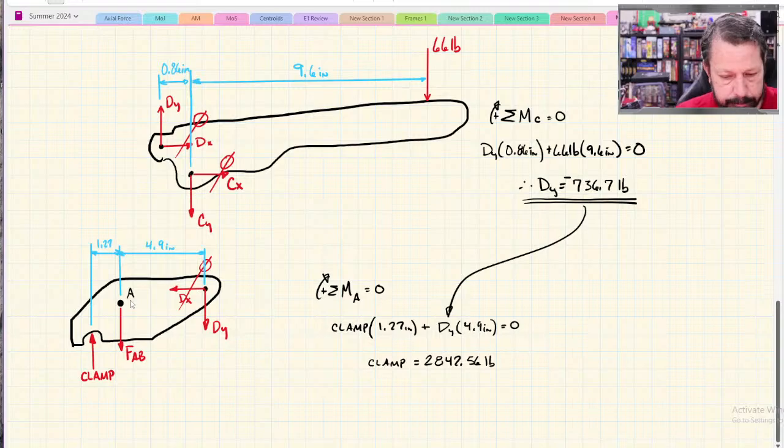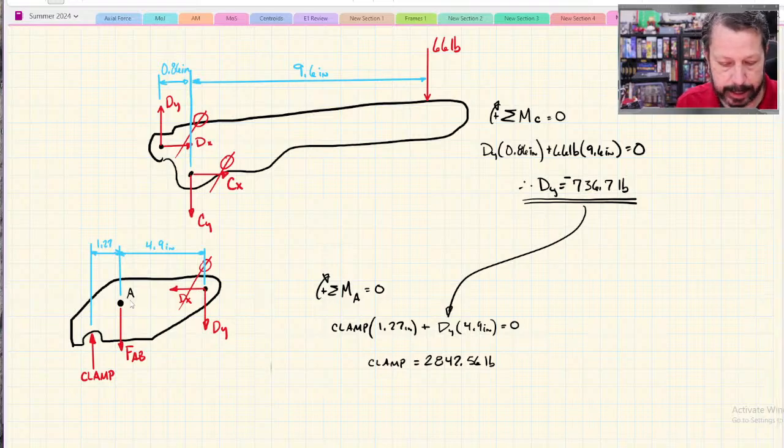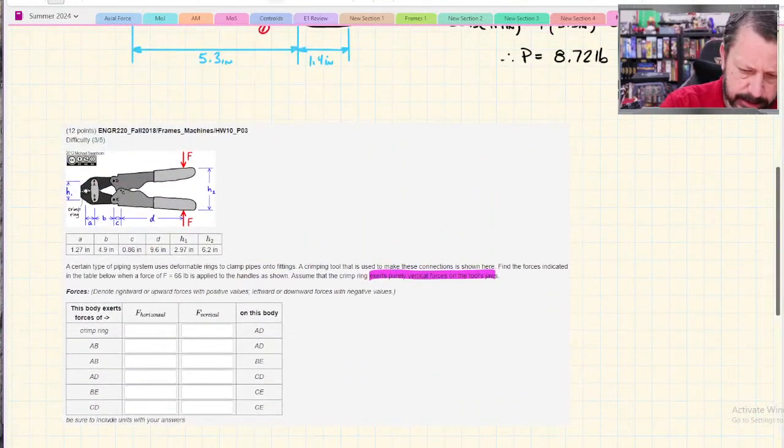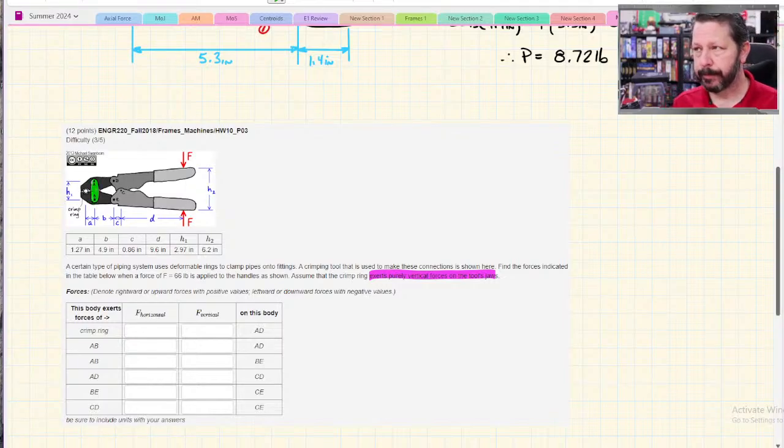So that would be continuing all of that, doing the forces in x or y for each of these two free body diagrams, which would be the rest of solving this problem. The key to this one, though, is this piece, recognizing that that's a two-force member.